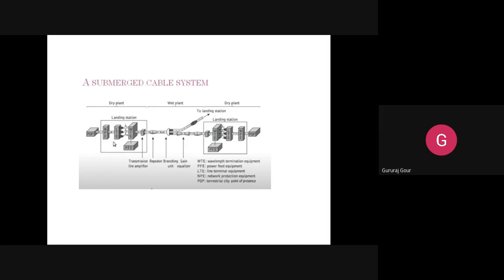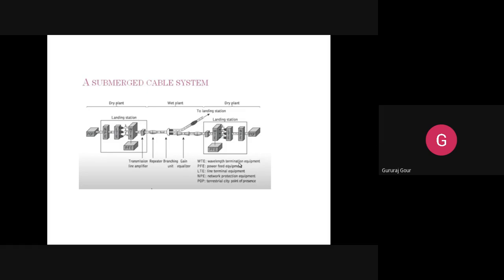Line terminal equipment corresponds to all terminal networks which are going to end here. Each terminal is going to end up with one equipment that is known as a line terminal equipment. PFE refers to power feed equipment that is going to provide the power supply to the landing station.